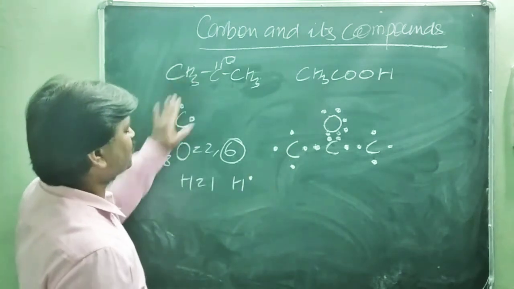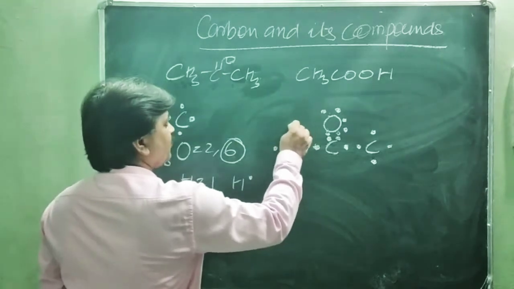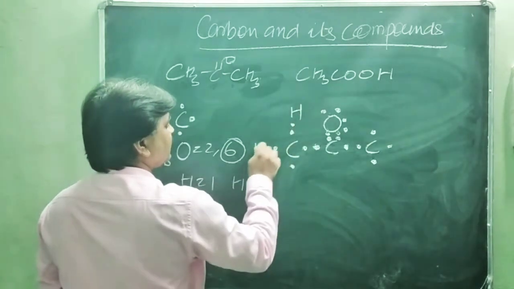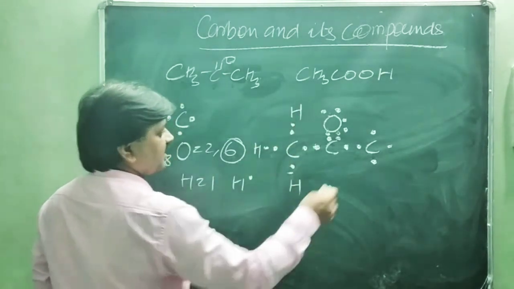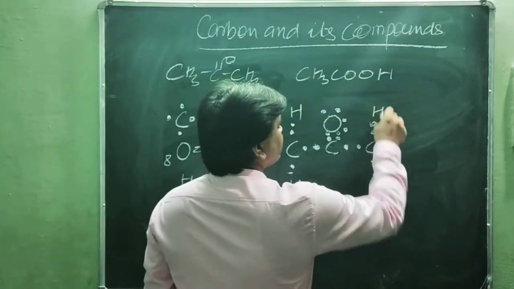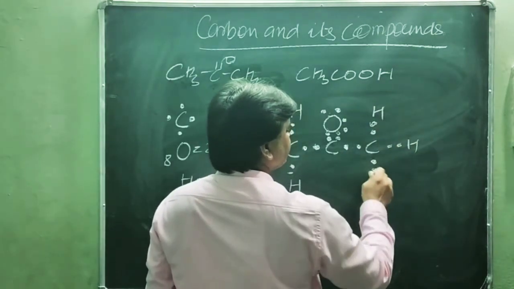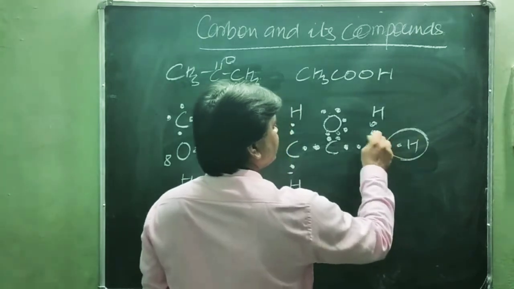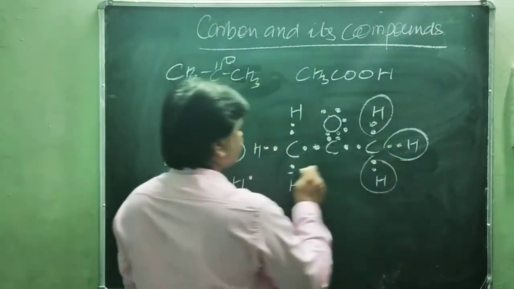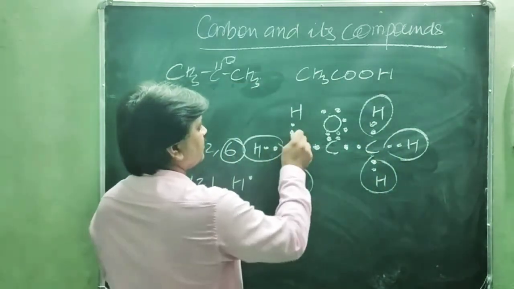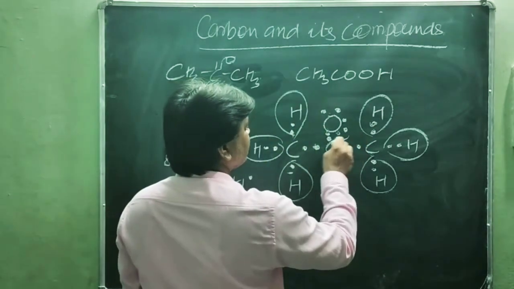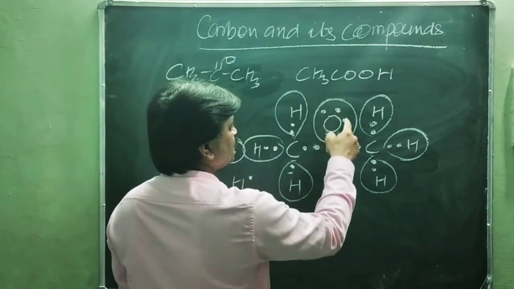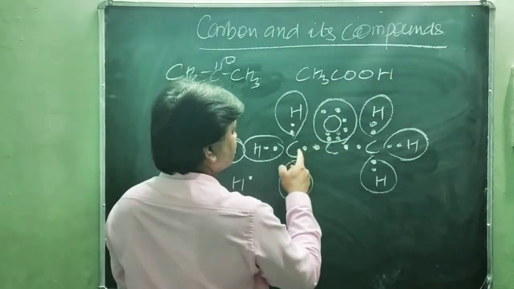And the 3 hydrogens on this carbon, one from here, one from here, one from here. Another is one here, here, and here. So hydrogen completes its 2 electrons, and this oxygen is also completed after this structure, 2, 4, 6, 8, and this carbon.